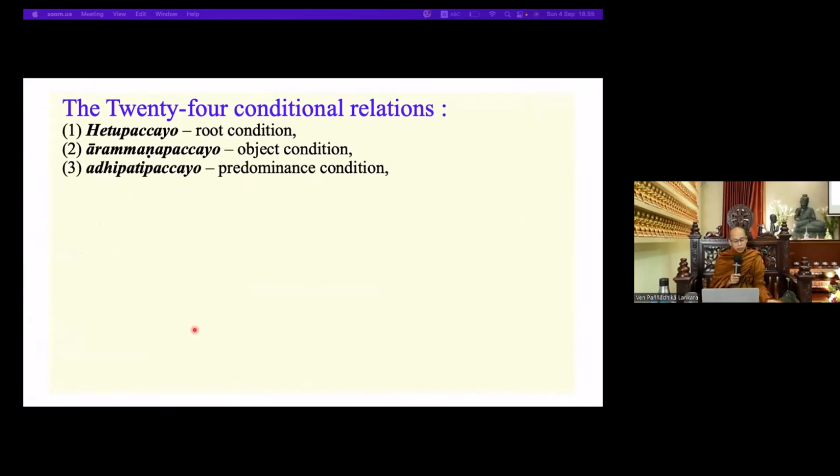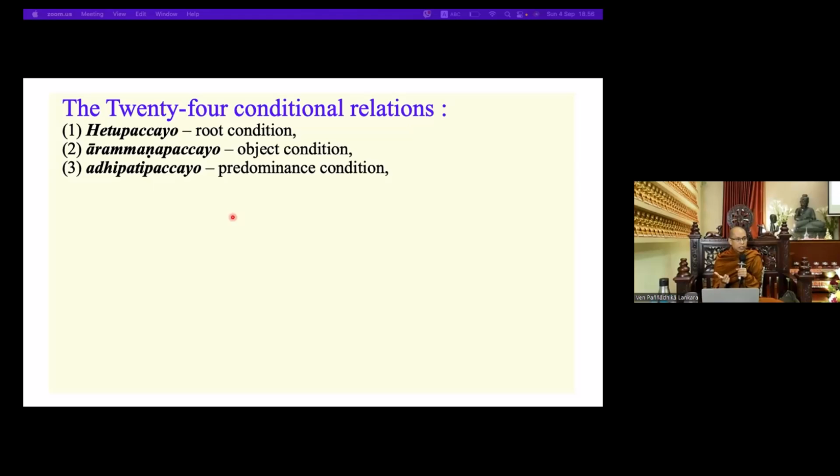Okay, so let's stop here about the Paticcasamuppada and let me introduce a little bit about the Pathananaya. Here, Pathananaya mentioned the 24 conditional relations or 24 forces. So Hetu Pachayo, Aramana Pachayo, this is already well known. Translated as Hetu Pachayo, root condition, Aramana Pachayo, object condition. Sometimes we consider the condition as a cause and effect directly.